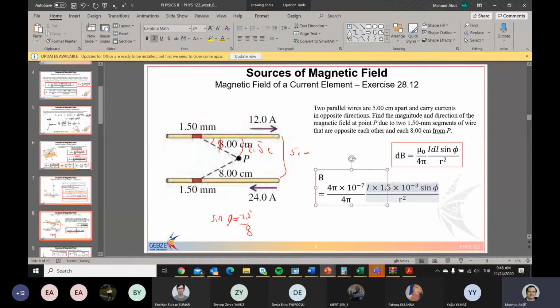R is 8 centimeters. That's 8 times 10 to the minus 2. Okay.